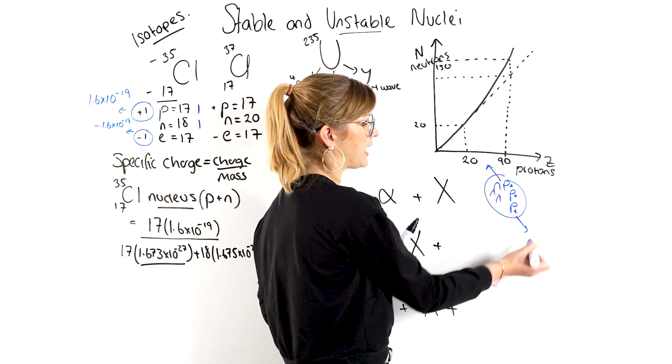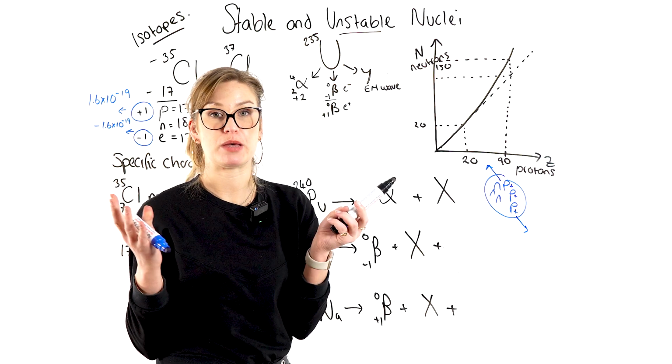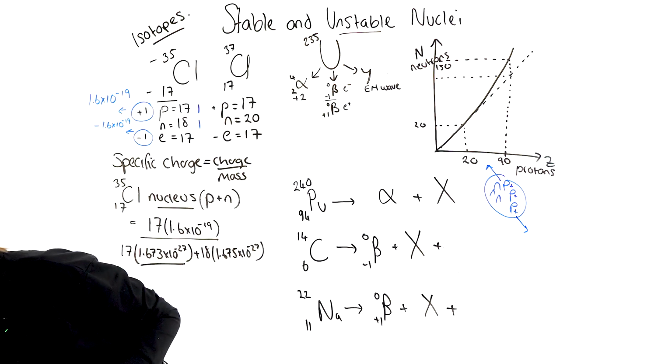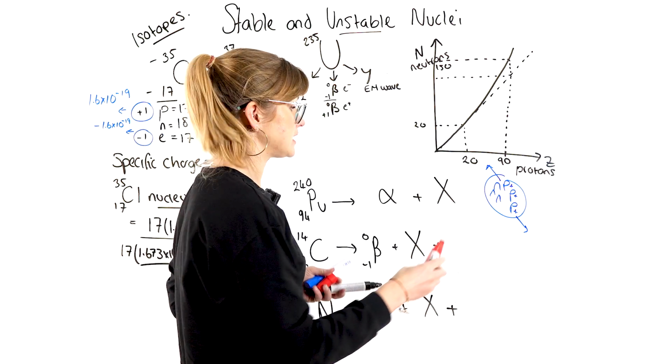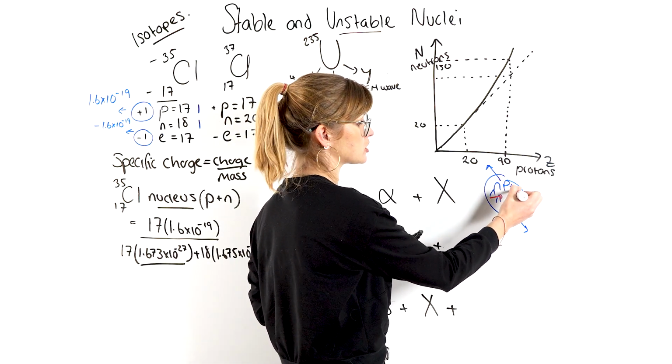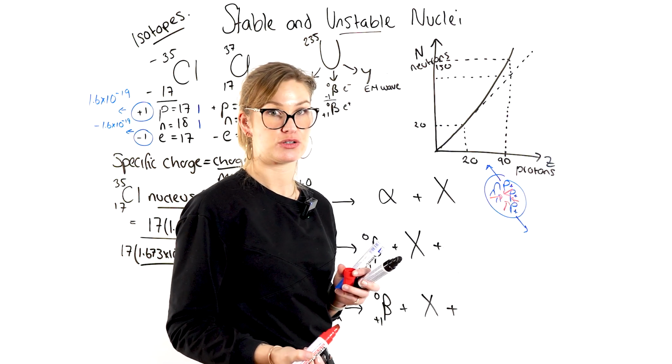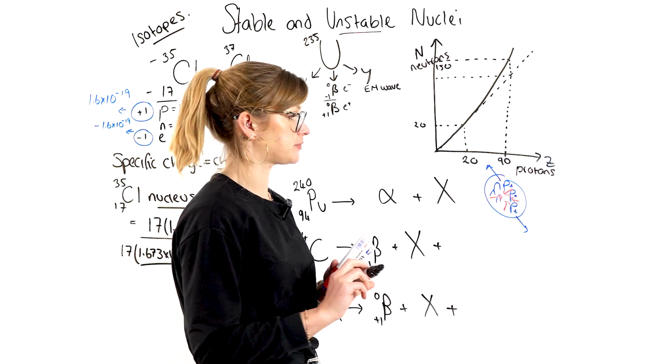So sure, that nucleus is split apart. But that's when we know we've got another force inside the nucleus, called the strong nuclear force, and it acts between the nucleons to pull that nucleus together.